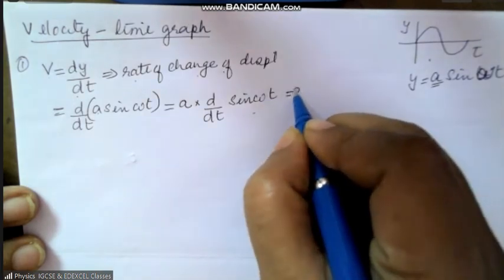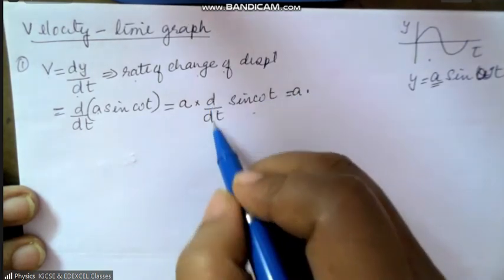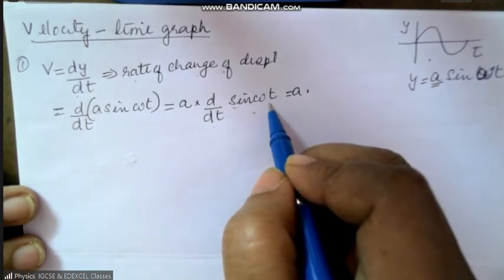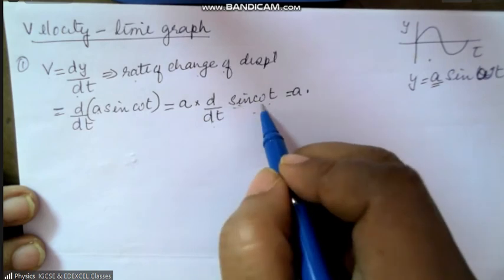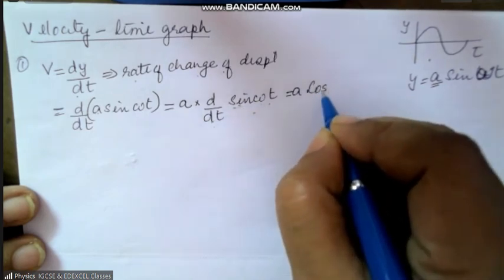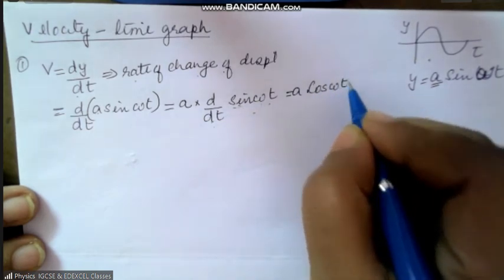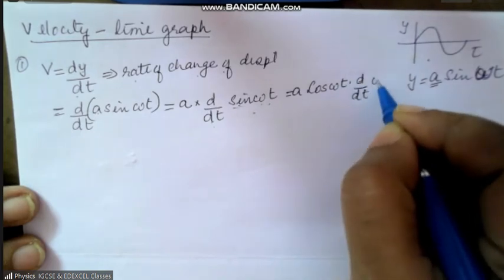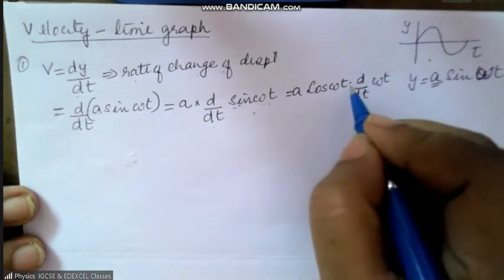What is the differentiation of sine omega t? d by dt of sine theta is cos theta. So cos omega t. Now d by dt of omega t.